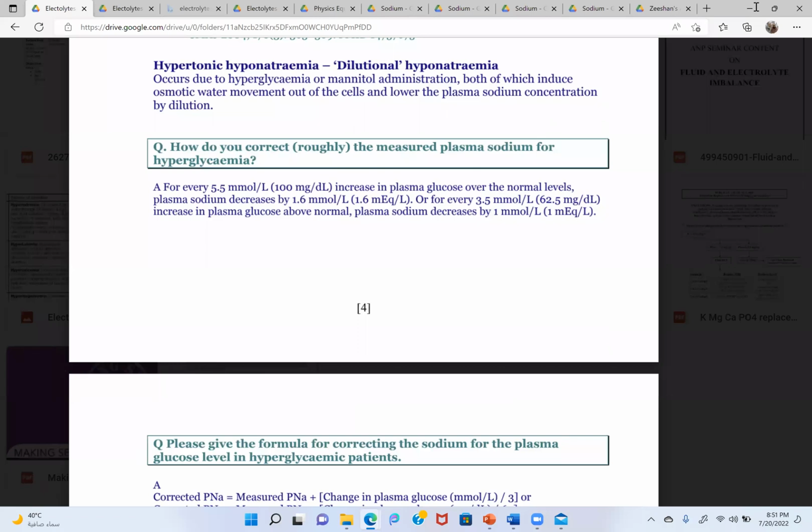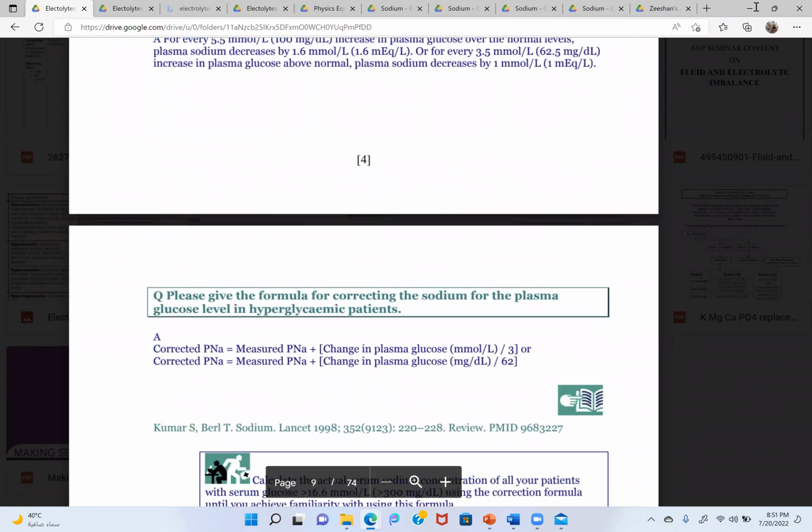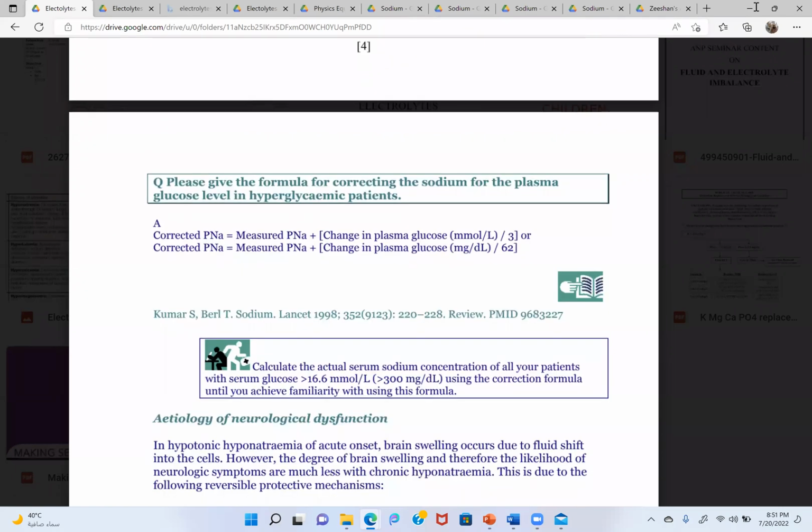Okay, so that's what they are trying to tell you, that for every around 60, 1 millimole will decrease.